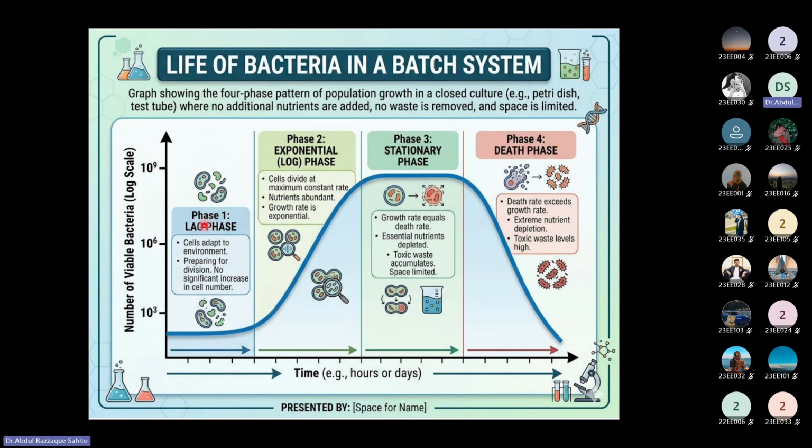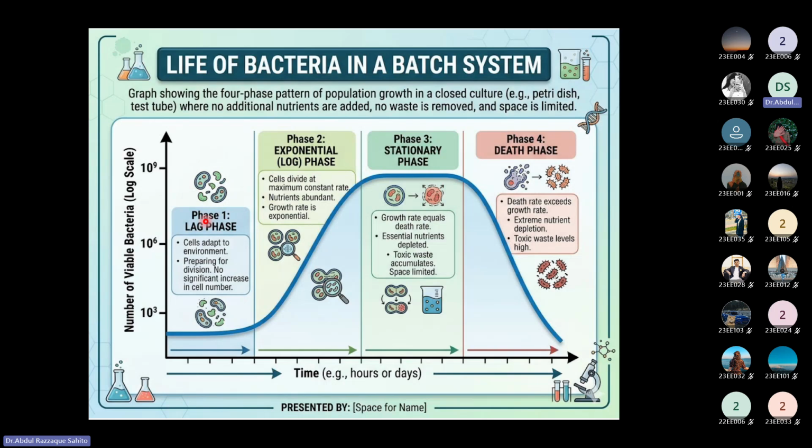The first phase is called the lag phase. The second phase is called the exponential phase, also called the log phase. Logarithmic increase is being carried out over here. The third phase is called the stationary phase. And the fourth phase is called the death phase.